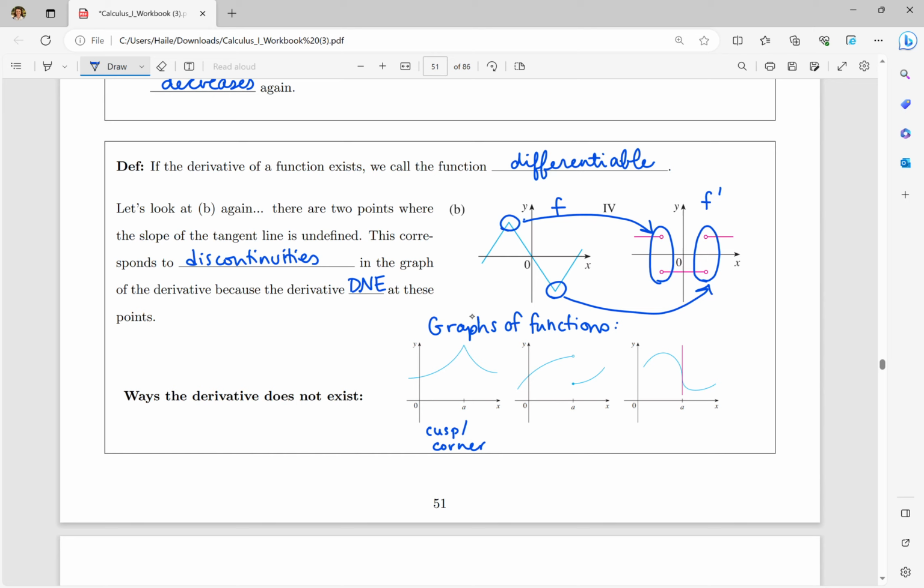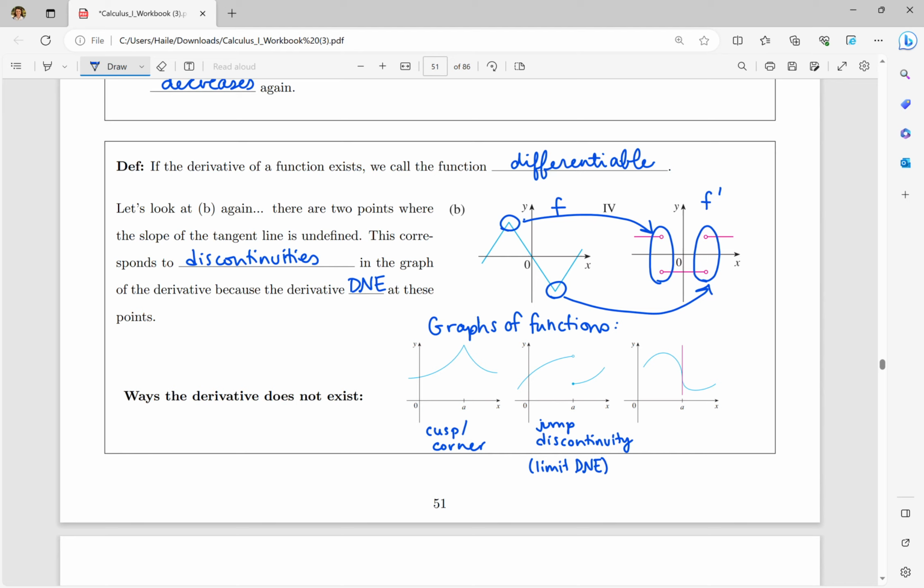The next one we could have is a jump discontinuity. And that makes sense because remember we just defined a derivative as a limit, and a limit does not exist at a jump discontinuity. So limit does not exist.